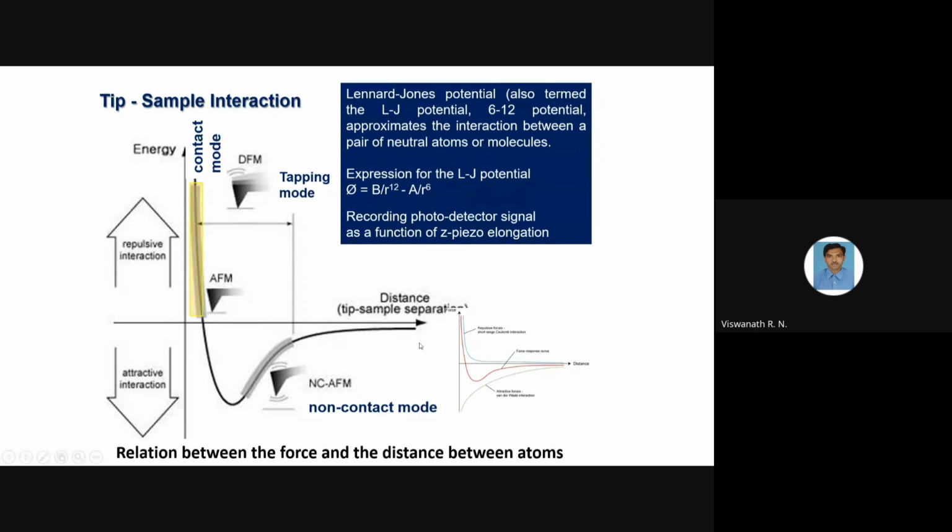This is the force distance curve based on the tip sample interaction. People are capturing the information, measuring the force. Initially they allow the tip to come closer, and then they start to raster and scan the material.